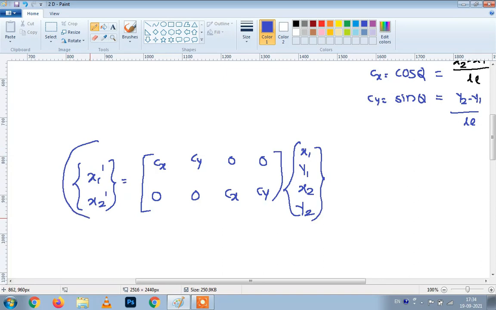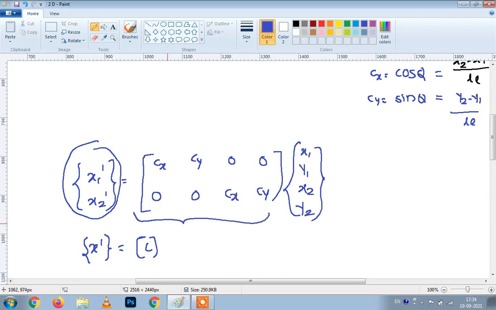At the starting we have seen that x1 dash, x2 dash are the local coordinates, whereas x1 y1 are the global coordinates. So this is a relationship between local coordinates and global coordinates. In general we can write any local coordinate x dash equals L into x.